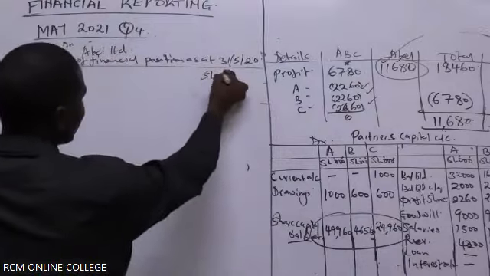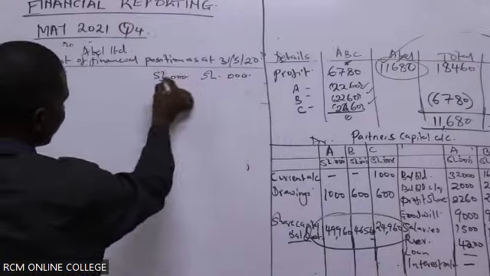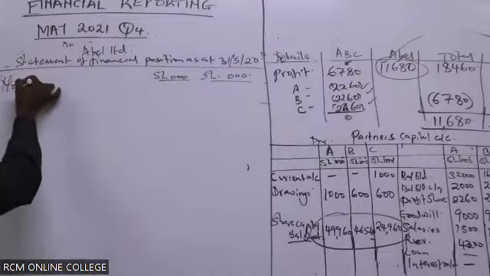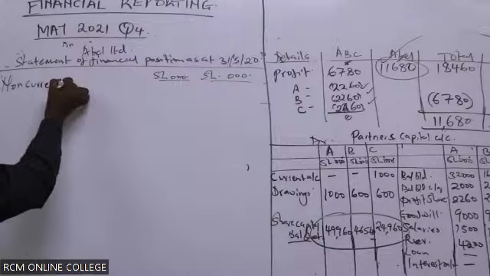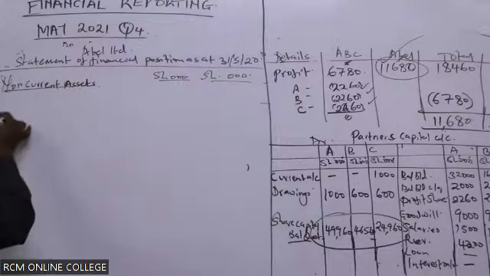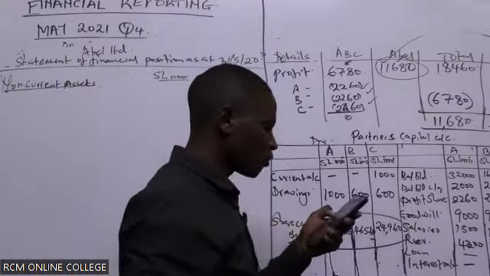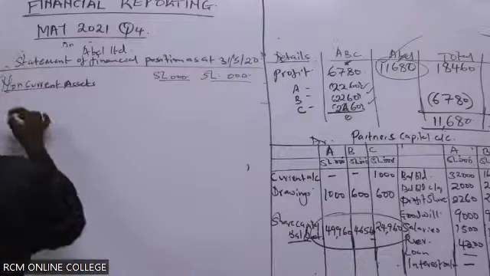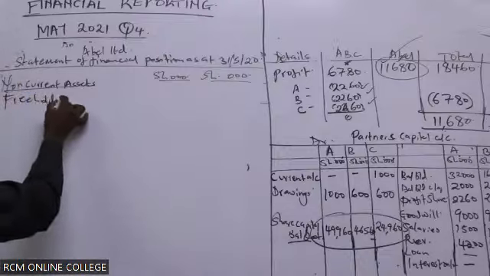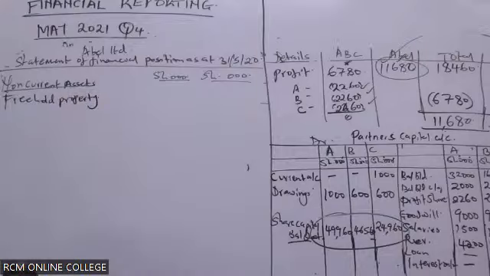Then we have our shillings in 1,000. Maybe you can adjust your items, no worries here. Non-current assets. You move very fast. Great. We have what? Freehold property, right? Freehold property. We have motor vehicle.